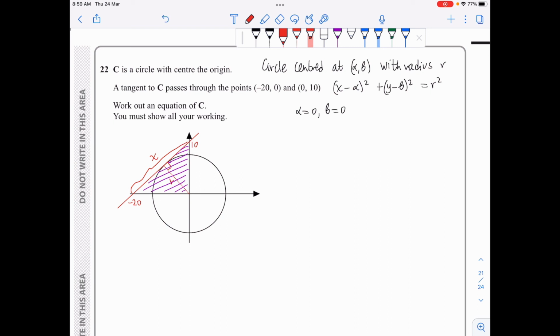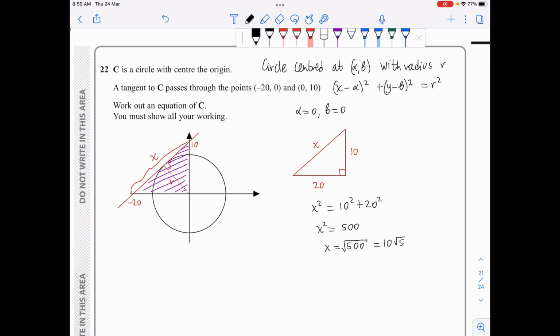So I could extract the triangle. This is 20, this is 10, this is x, this is the right angle. So by Pythagoras, we've got that x squared is 10 squared plus 20 squared. So x squared is 500. X is the square root of 500, which turns out to be 10 root 5.